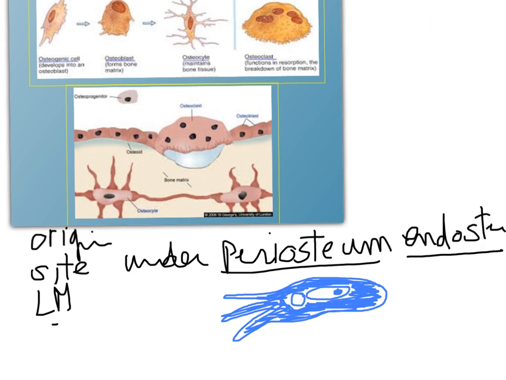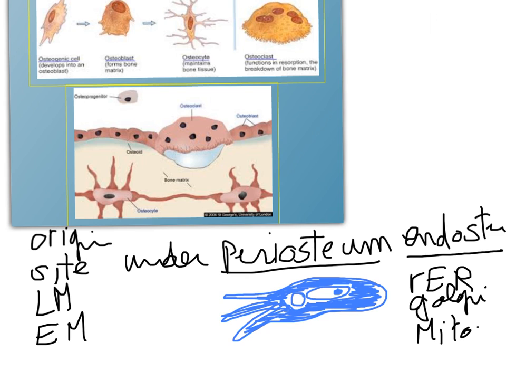Now let's move to the EM. What will you expect? I will expect that they have a well-developed factory for production of protein. They have well-developed rough ER, Golgi, mitochondria, in addition to the achromatic nucleus. Then lastly, what about the functions of these cells?